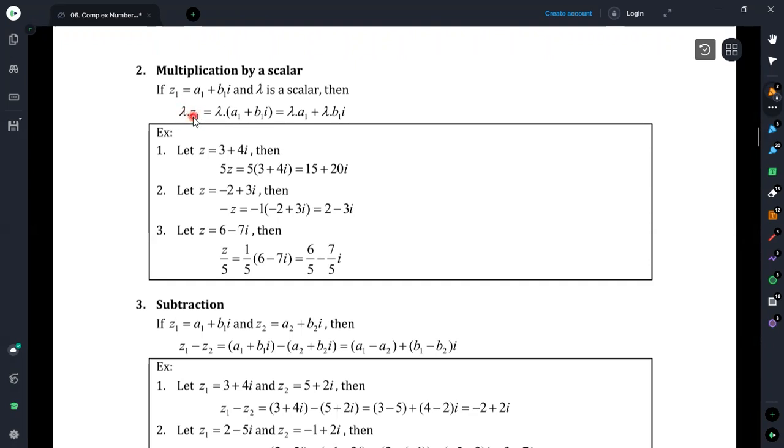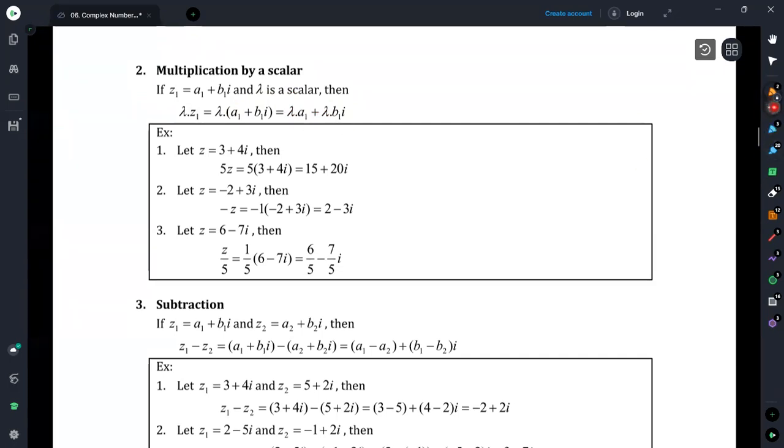Then lambda times z1 can be obtained as lambda times a1 plus b1 times i. What we have to do is multiply the real part separately with the scalar, and then the imaginary part separately with the scalar.